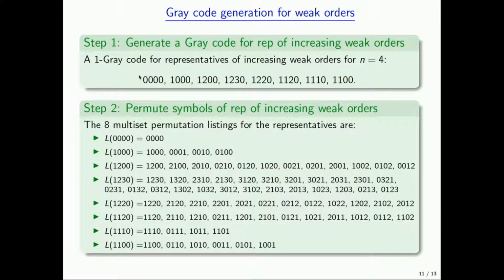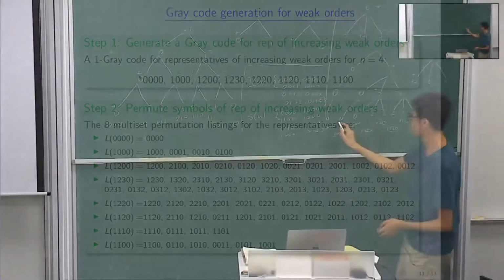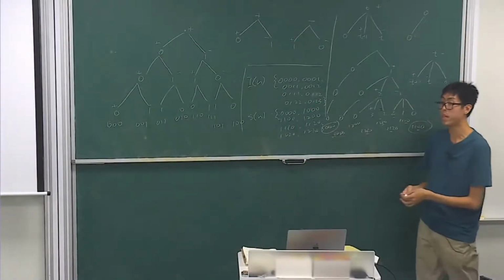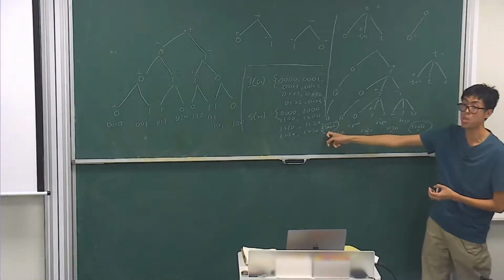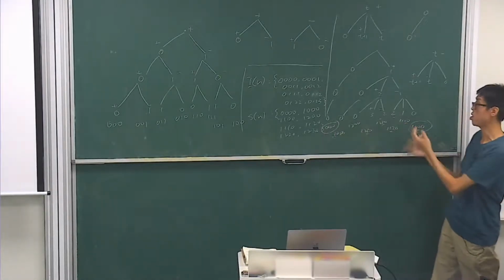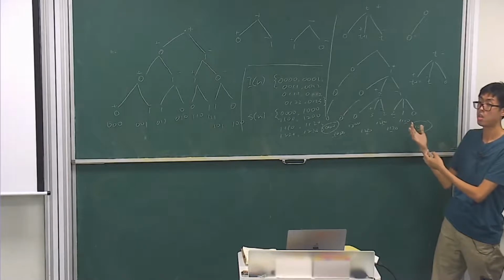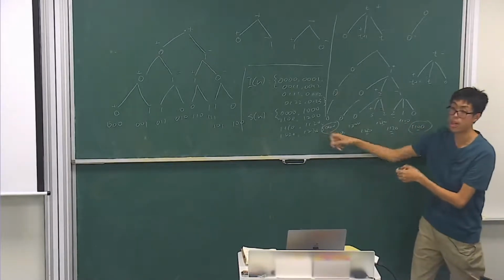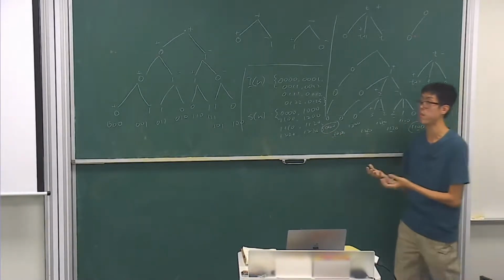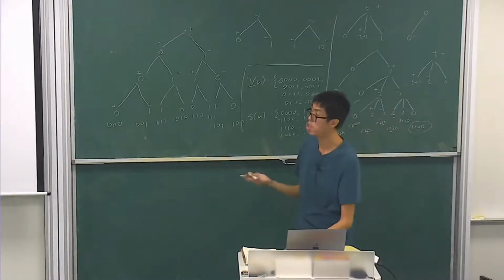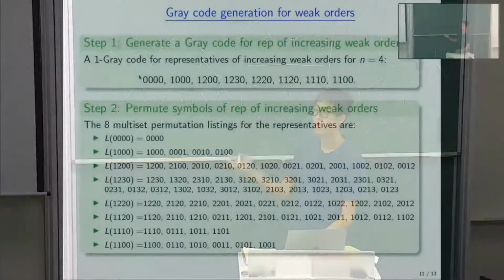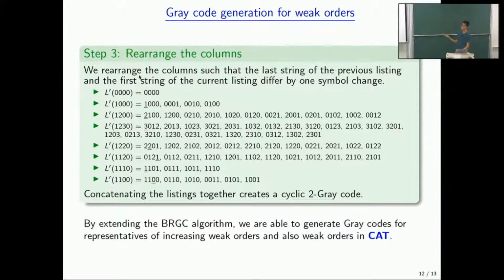And the nice thing about this one is that for this one and this one, we can prove that they differ by 2 bits. And so that's why this Gray code is also cyclic. The last string and the first string also differ by a 2-bit change, which gives the nice property, and this is actually the first cyclic Gray code for the weak order.